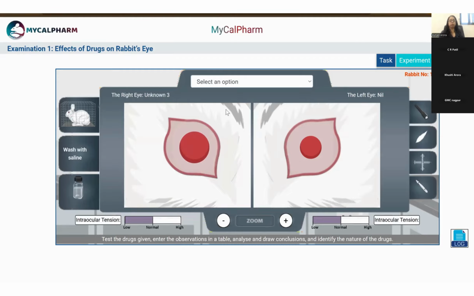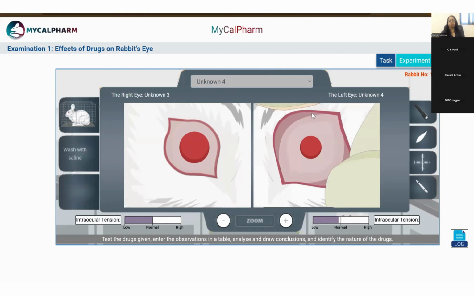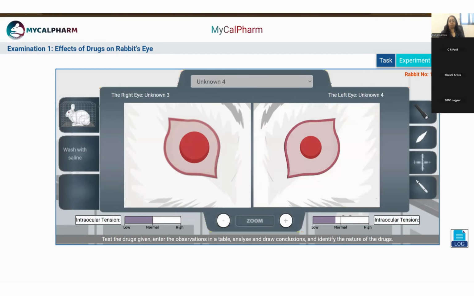So here we have taken the right eye with unknown 3. Let me take unknown 4 with the left eye. You can see the effect here for unknown 3 and unknown 4 also.